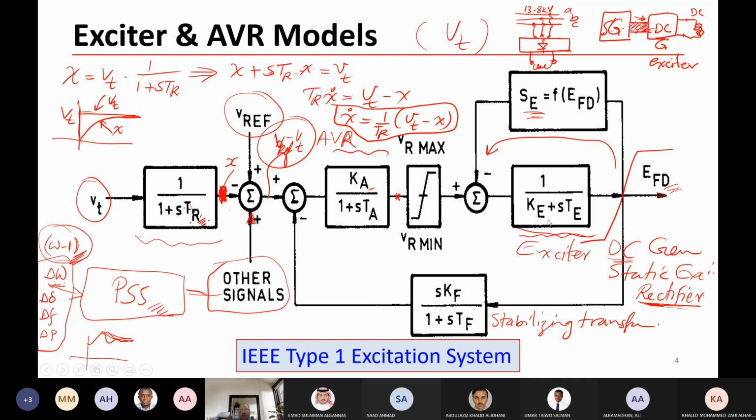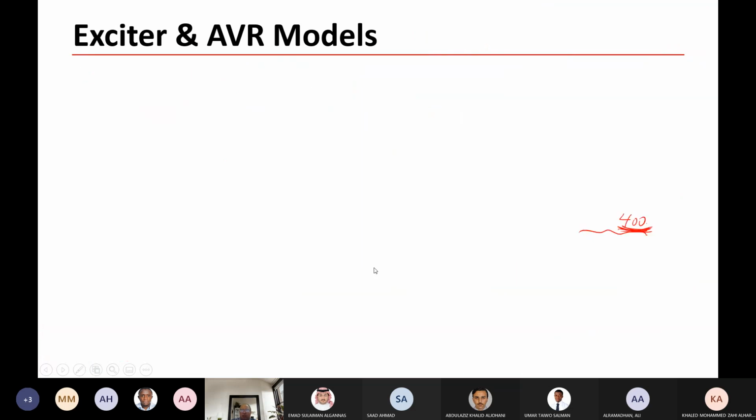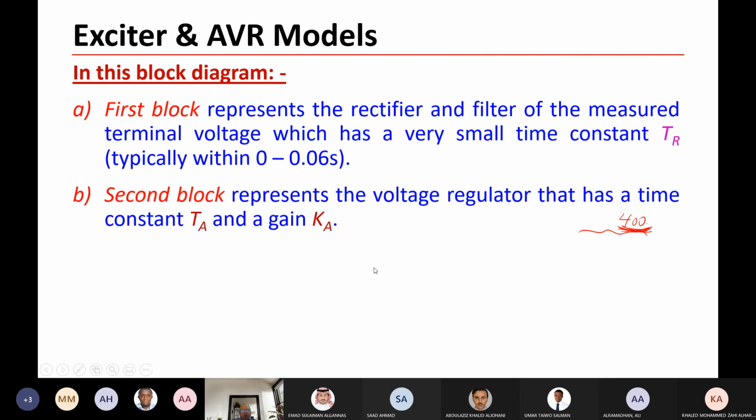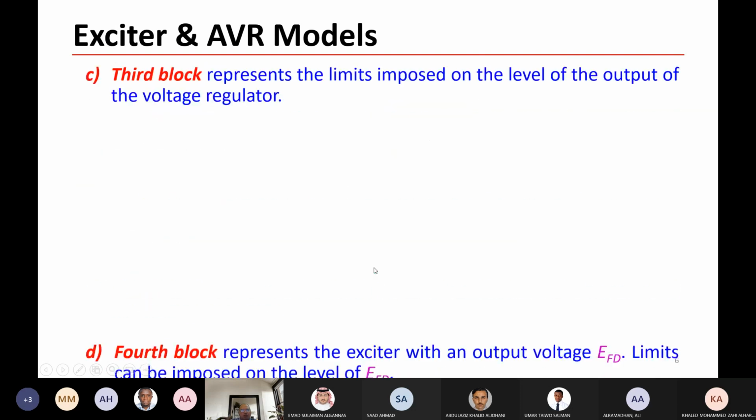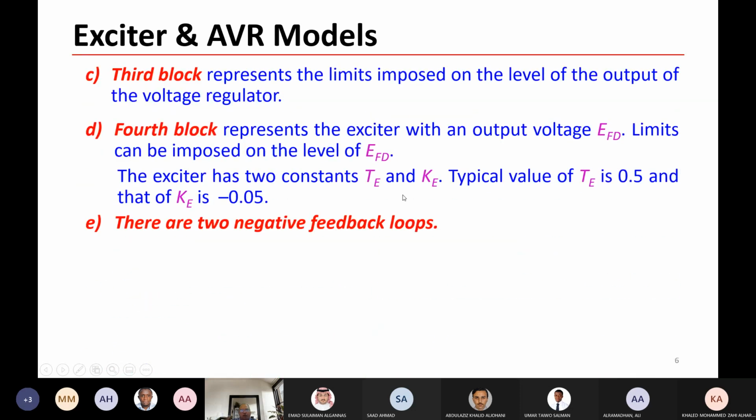This value is typically negative, and this is why we need to stabilize the excitation system by what we call a stabilizing transformer, as we'll see later on. So the fourth block is EFD, and you can have limits there. The typical value of TE is 0.5, and that of KE is minus 0.05.